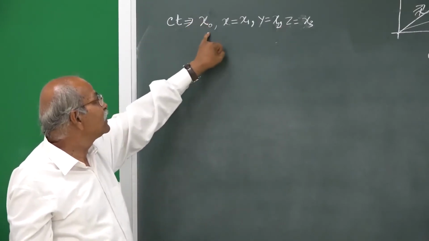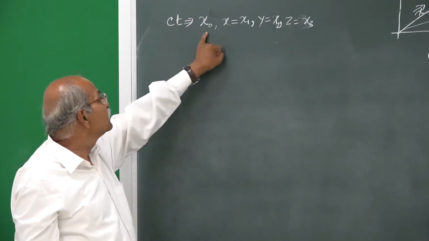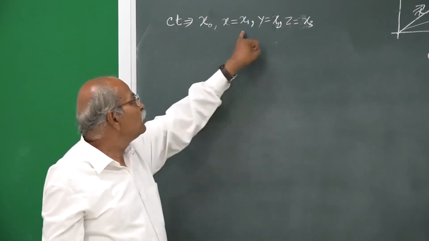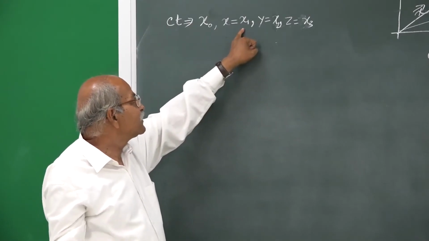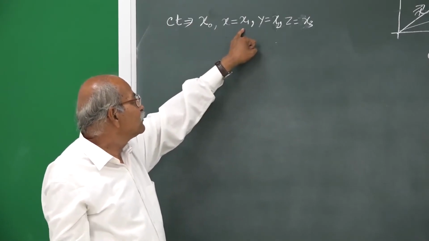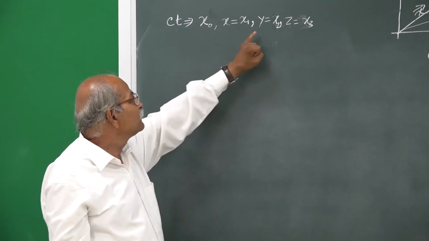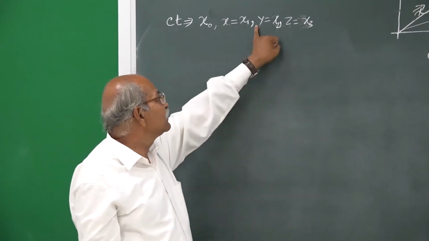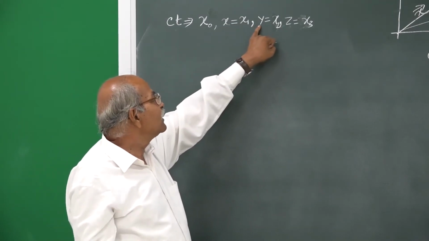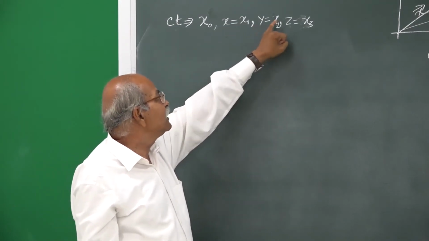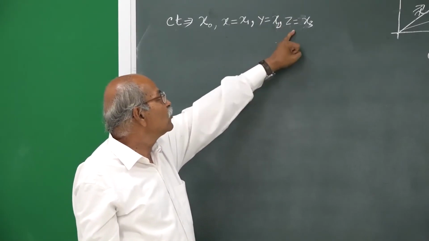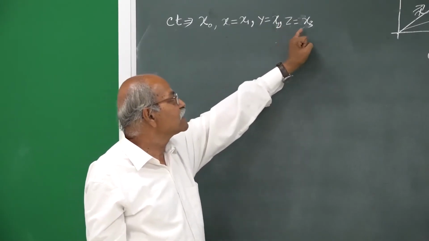The first component I write as x0, the second component, the x coordinate in our usual terminology, is x1, then the y coordinate of the location of that event will be named x2 and the z coordinate of that event will be named x3.